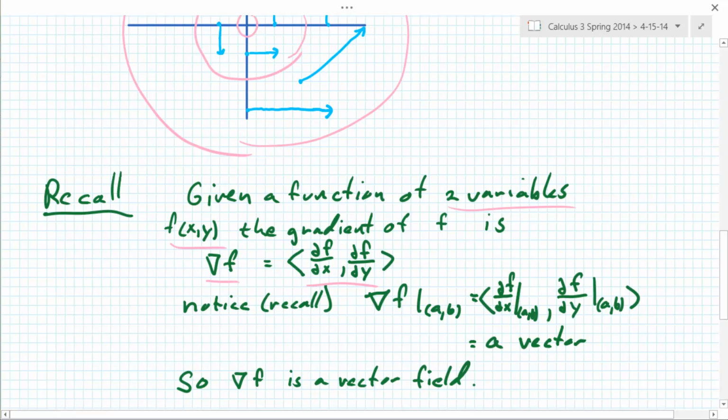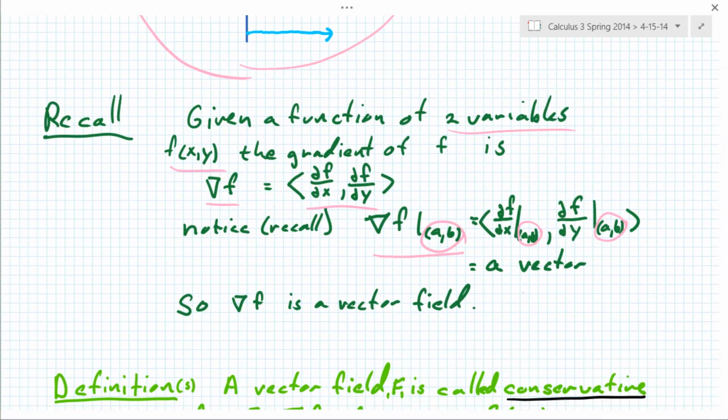And in particular, the gradient evaluated at any given point gives you a vector. Right? So if I evaluate the gradient at (a, b), then it's the partial with respect to x evaluated at (a, b) and the partial with respect to y evaluated at (a, b). So in particular, that's a vector.